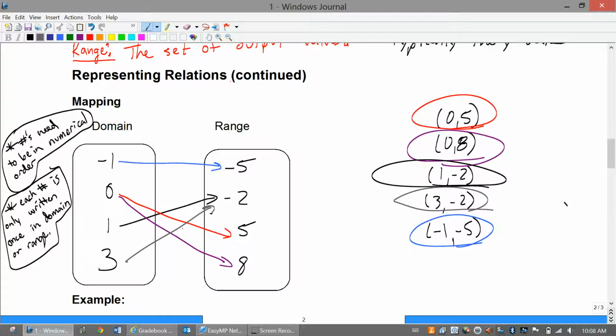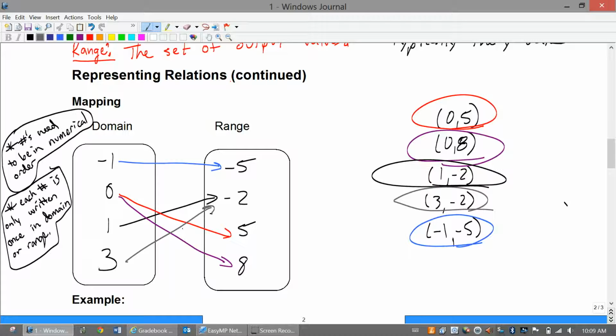Again, what the mapping shows is, after we put the input values, which are our domain, into our rule or our relation, which values in our range, or our output values, they go to.